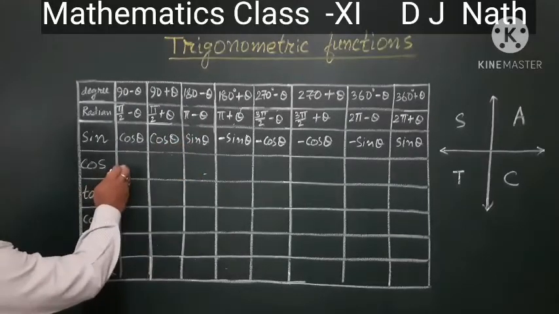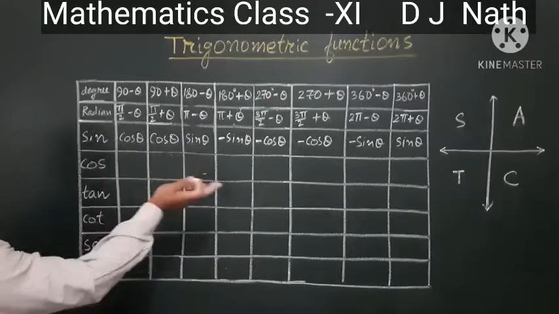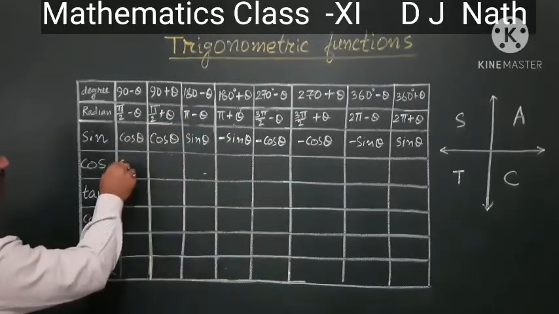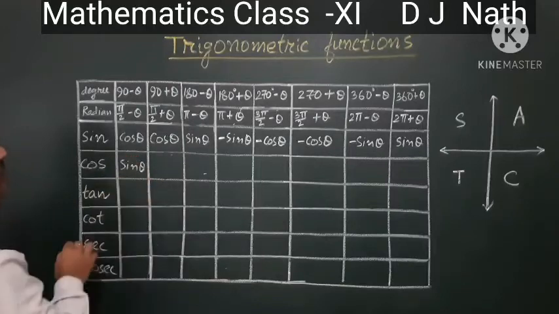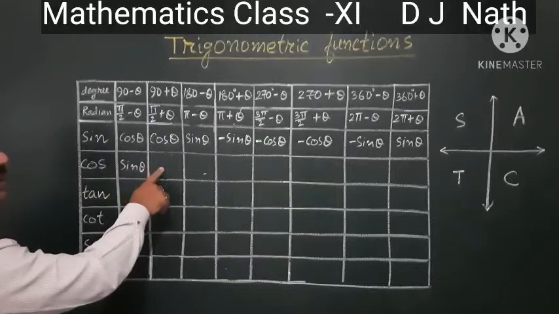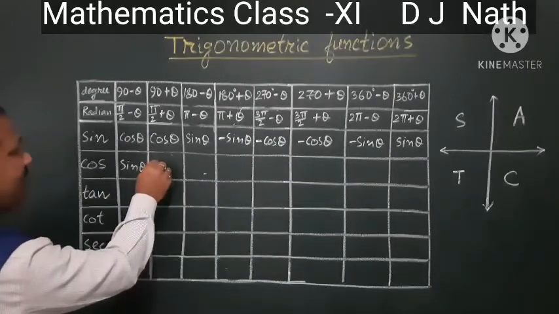Next, for cos also, cos of 90 minus theta will become sin theta. For 90 plus theta, second quadrant, cos value is negative, so it will become minus sin theta.